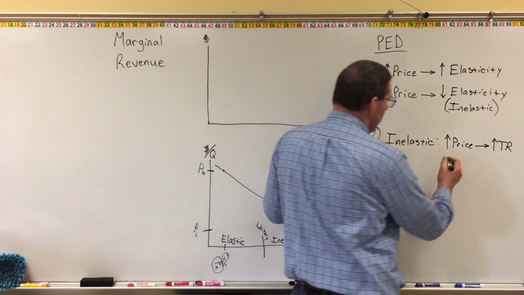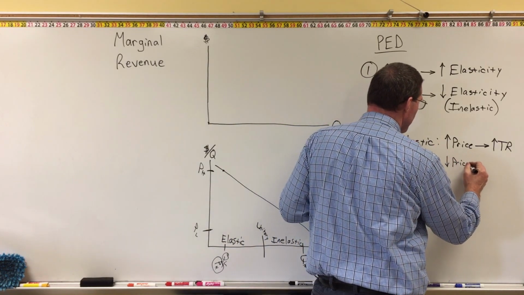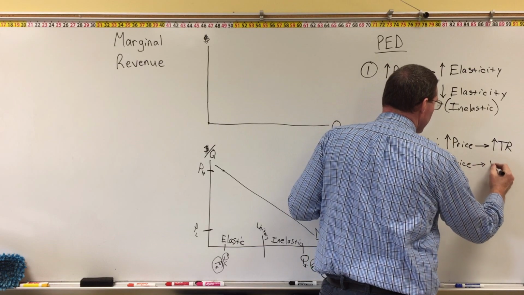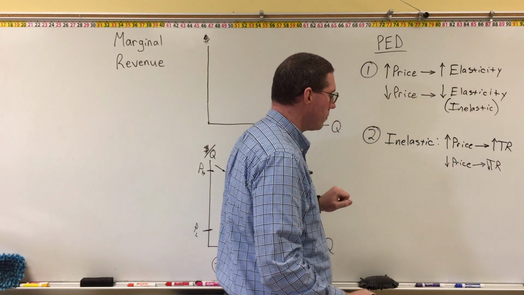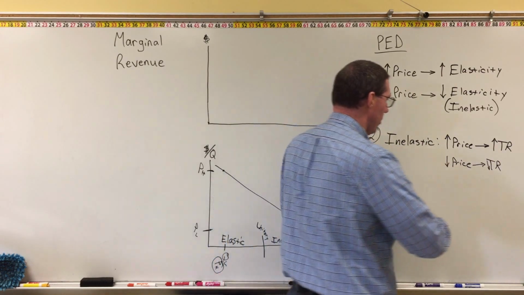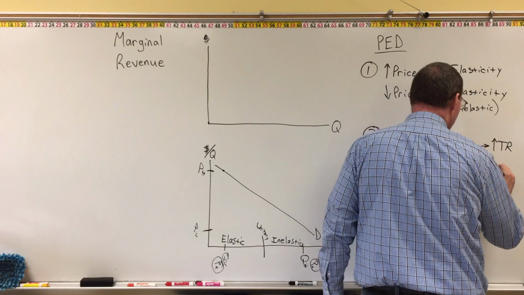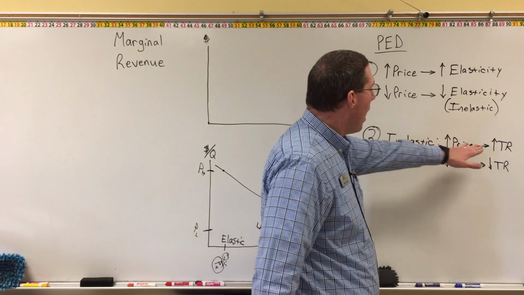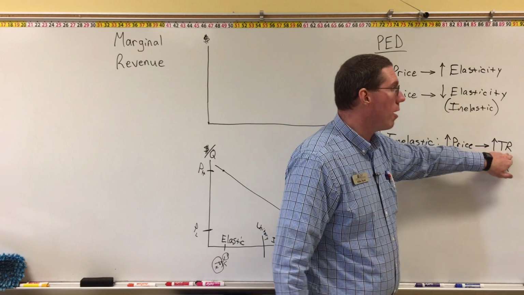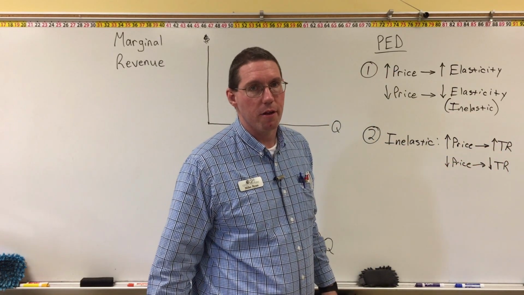That also means that if they decrease their price, that total revenue will go down. That looks terrible. Let me rewrite that. That if they decrease their price, there will be a decrease in total revenue. So there's a positive relationship between price and total revenue, but only when demand is inelastic.